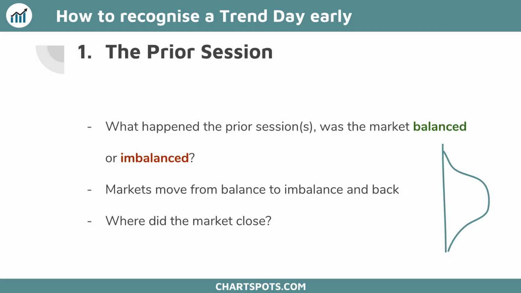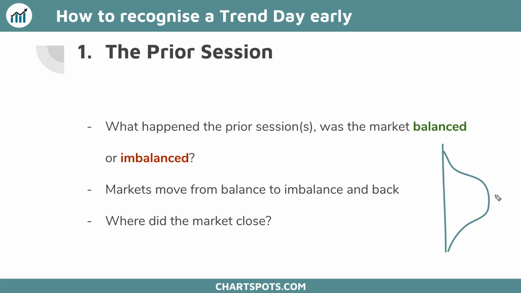The first thing I personally take into account is the prior day, the prior session. What happened in the prior sessions? Was the market balanced overall? Was it imbalanced? The example you see here is how a perfect balanced market would look like.